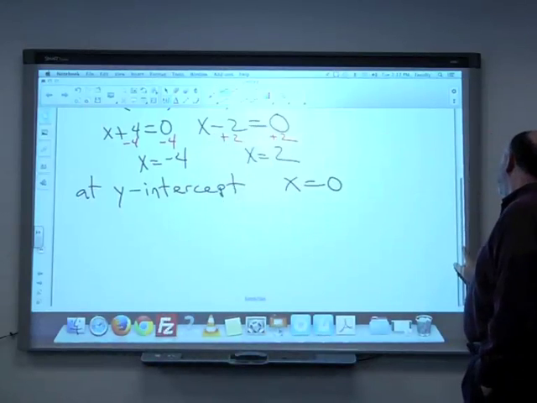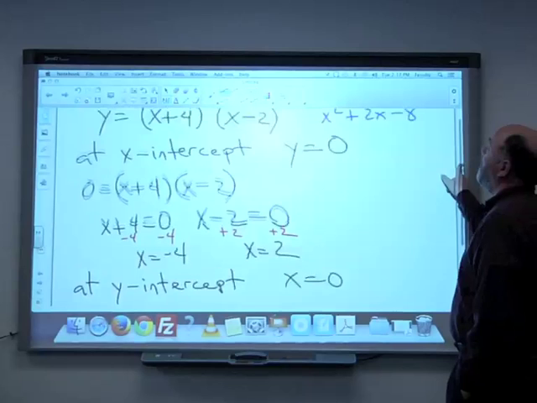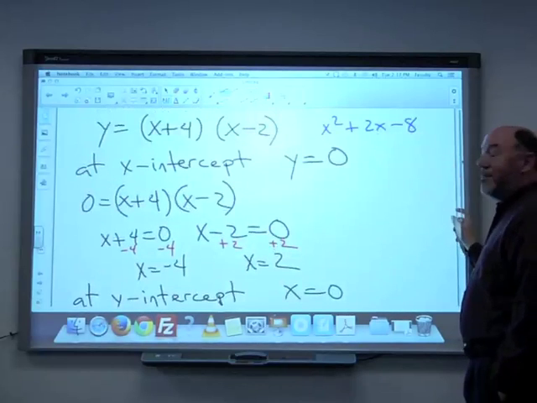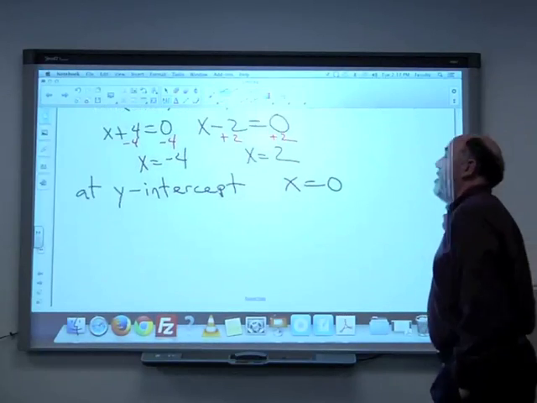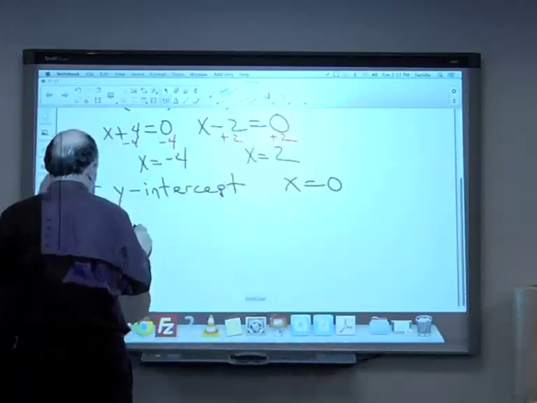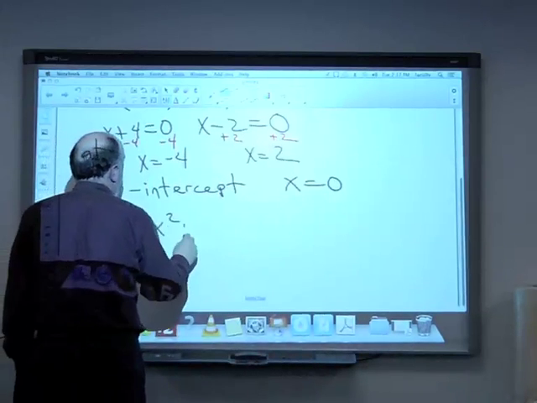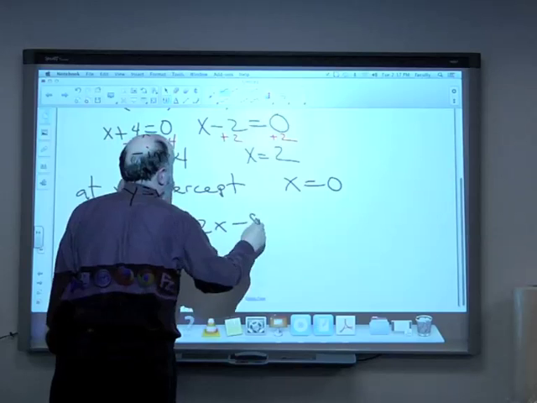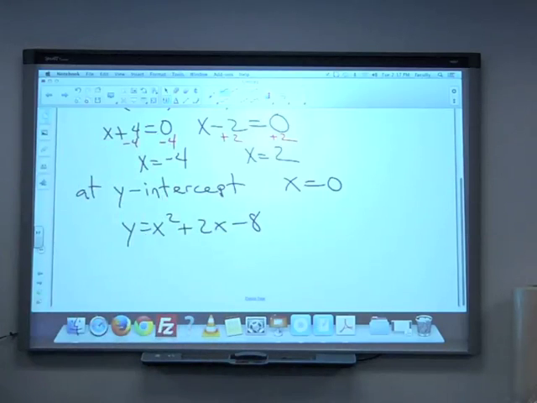And so for this, let's actually look at this form of my equation. We had that y equals x squared plus 2x minus 8. Well, what's the y-intercept? Negative 8, right? Just replace the x with 0. Only thing left is that constant term.